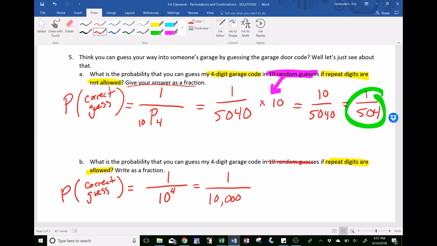Then we have, again, 10 random guesses, not 1, so we'll multiply by 10. This gives us 10 over 10,000, or 1 over 1,000.